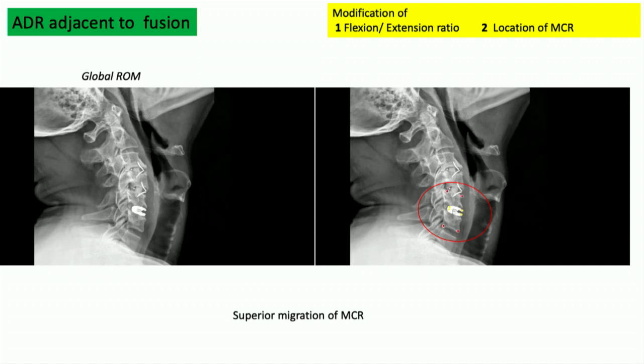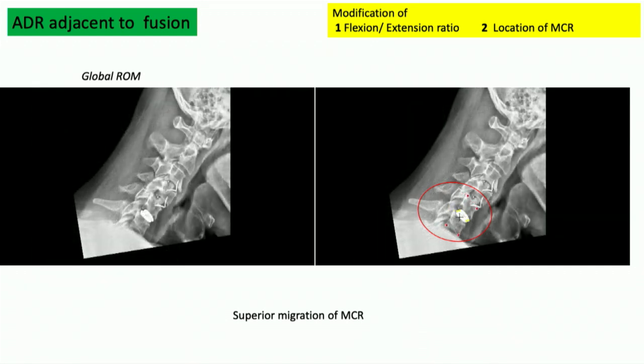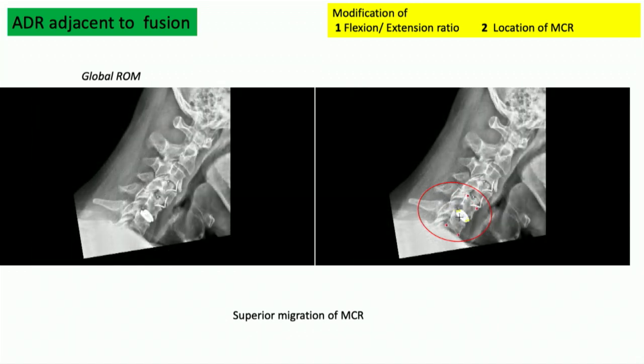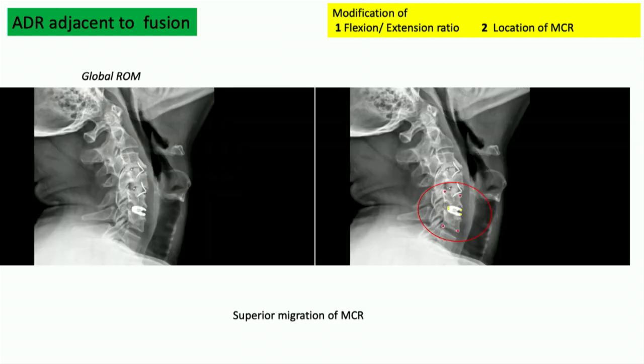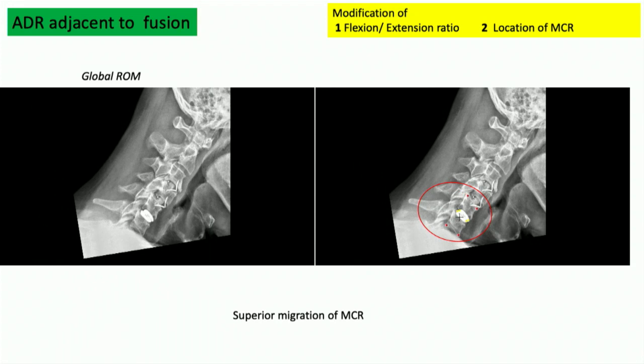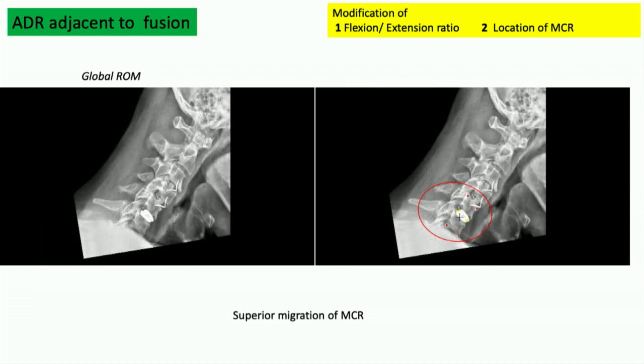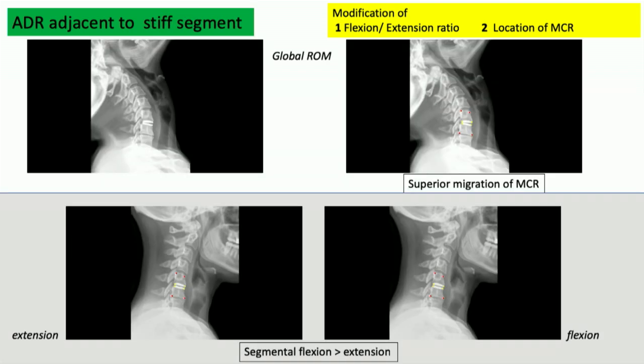So when we have a prosthesis adjacent to a 2-level prosthesis, you see, okay, you have side effects. You see the center of rotation is inside of the prosthesis. You can say to me, okay, it is because of the type of prosthesis. When you look at different types of mechanical prosthesis, you have this type of effect.